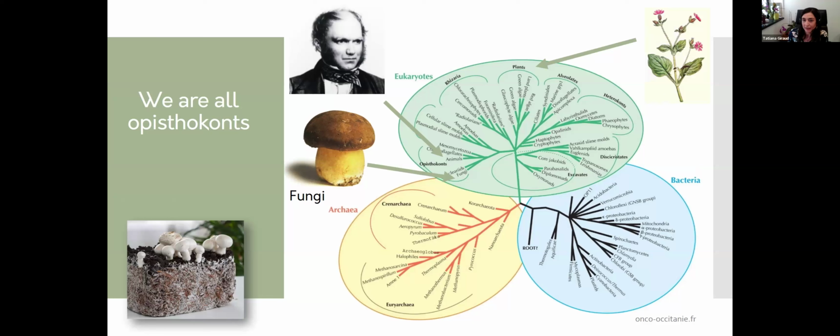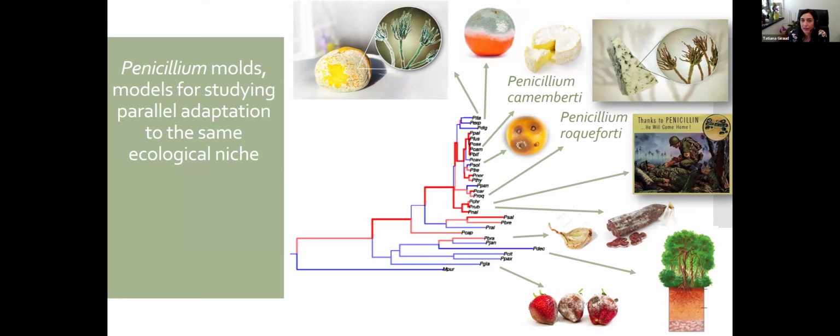We study fungi, and as I guess you all know, fungi are very close to animals. They form the Opisthokont lineage, so they have a lot in common. We were interested in Penicillium, a huge genus with a lot of fruit molds, some fungi found in soil, and a lot of crop or food spoilers.